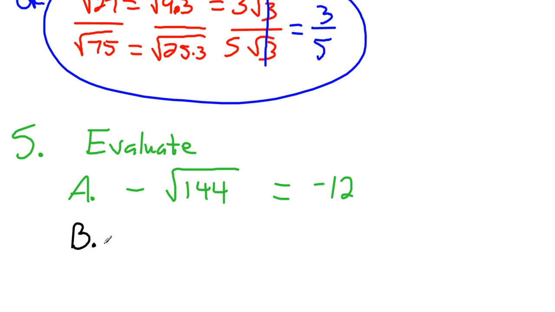For the b part of it, put the negative on the inside. Again, that's basically the same thing as the problem we had a couple of ones before that. If the negative is on the inside, that one is not a real number, no solution, whatever they want to call it.